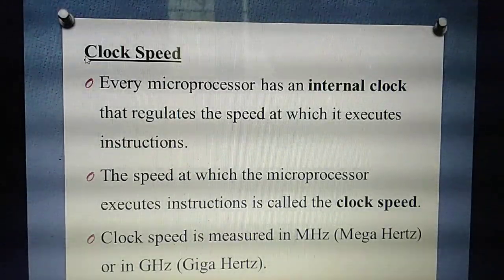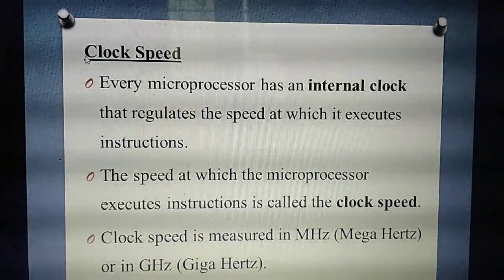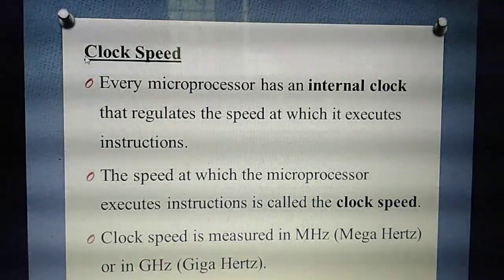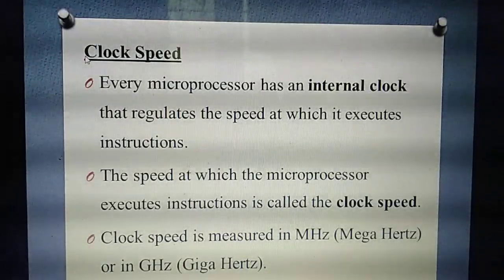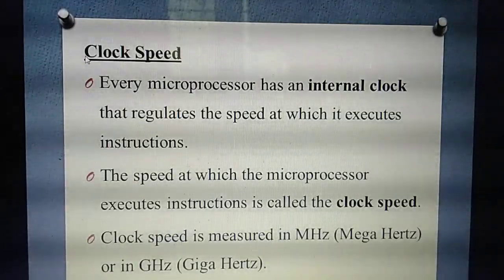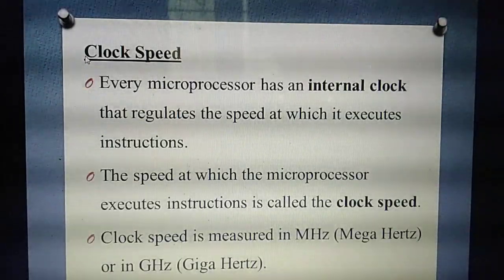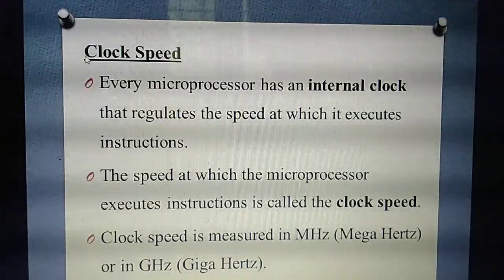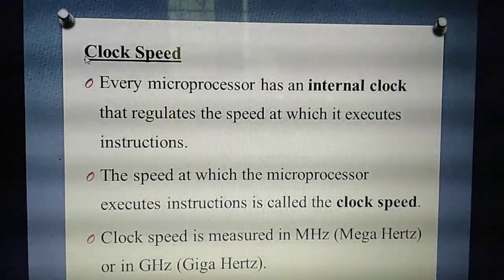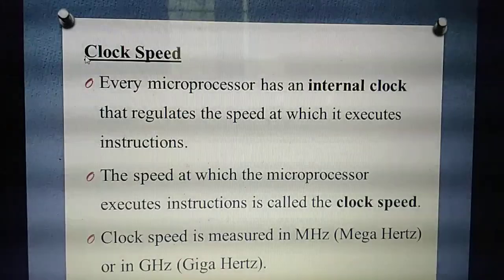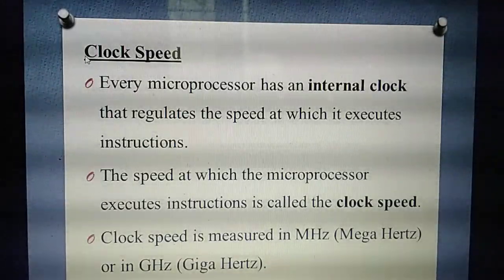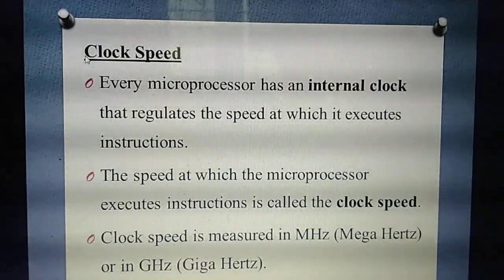What's the use of this internal clock? This internal clock regulates the speed. For example, I am giving 5 instructions. At what speed they need to execute and at what speed they need to give the output, all that is controlled by whom? The internal clock. That's the use of the internal clock. What do you mean by the speed of the microprocessor?